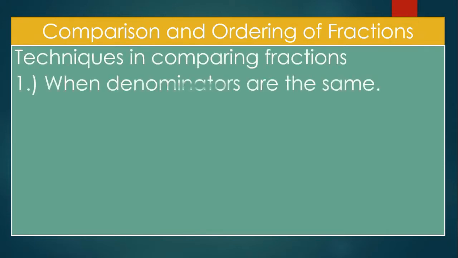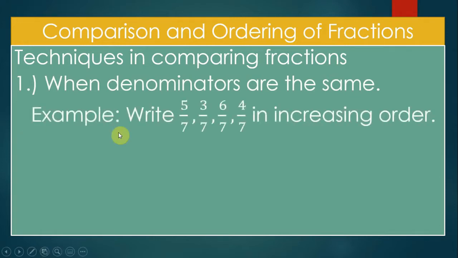So here's the technique. When denominators are the same, how will you arrange fractions from least to greatest? Just like in this example: 5 over 7, 3 over 7, 6 over 7, 4 over 7 in increasing order. Increasing order means we start with the fraction having the least value.